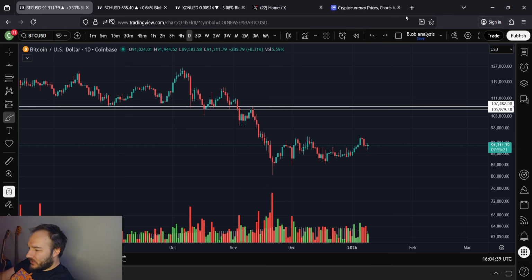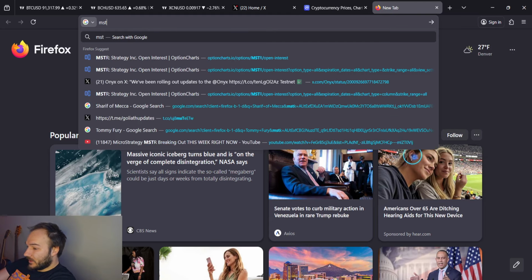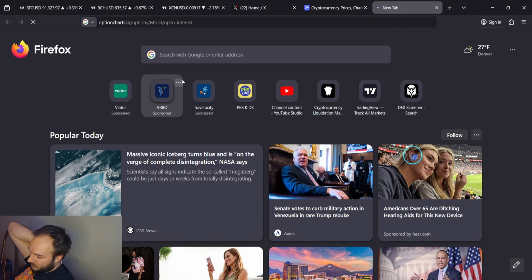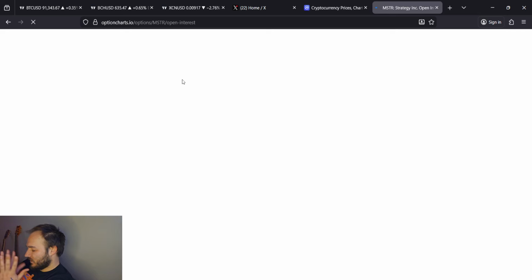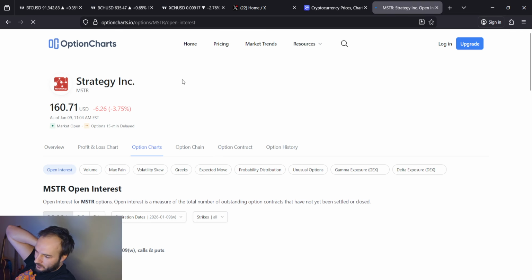There is something else to pay attention to. I don't know if it's worth paying attention to, but it's something that I've had my eyes on for a second. It's the MicroStrategy open interest, the expiration dates on basically one of the largest expiries as far as open interest goes for calls and for puts.